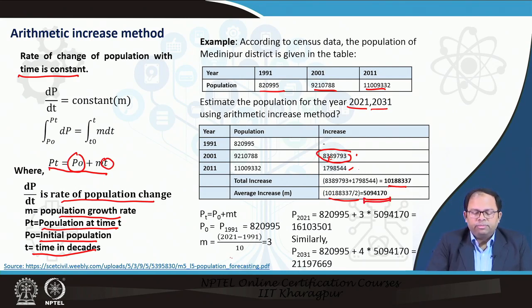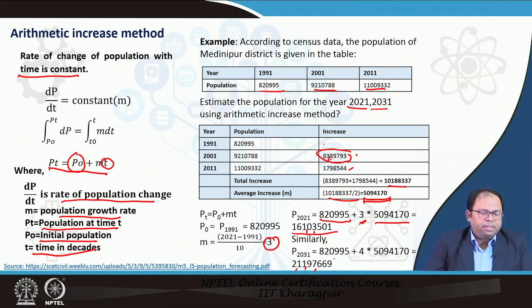Then if we want to find the population for the year 2021, which is roughly 3 decades, we divide by 10, we get 3 decades, and we just multiply the base year data, that is 1991 data, with 3 times the increase, and we get a value of around 161 lakhs, or 1 crore 61 lakhs. Similarly, for 2031, we get around 2 crore 11 lakhs 97,669.